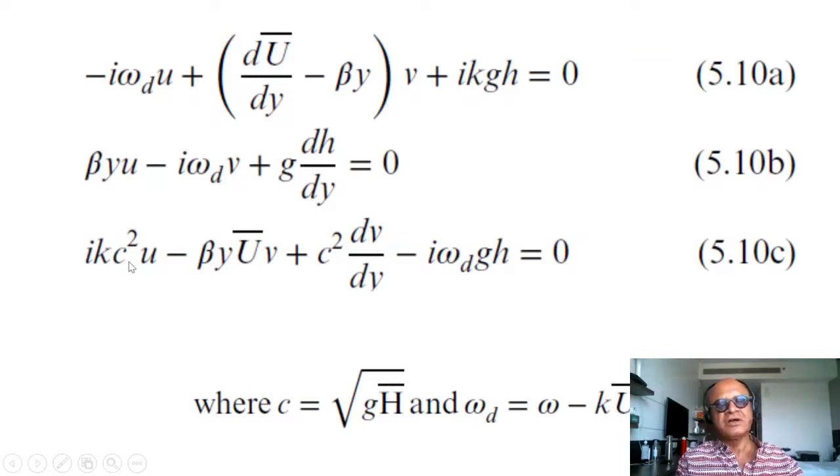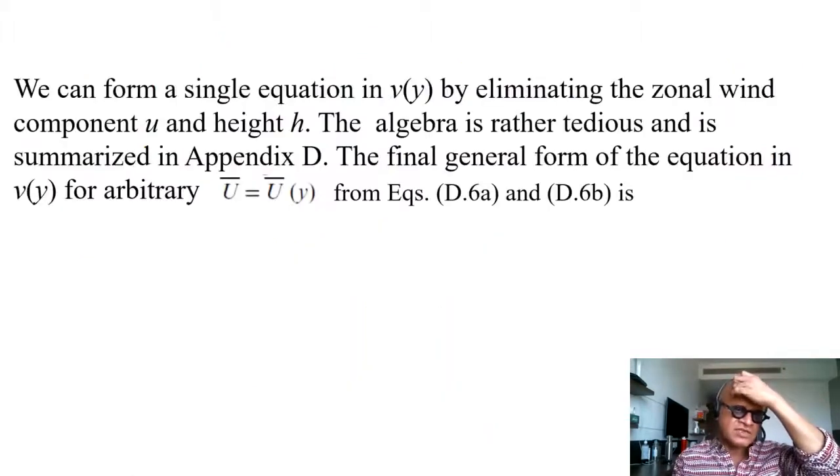This is the gravity wave speed squared, so square root of g h bar, squared. Again, this is the mean flow Coriolis being affected by the meridional perturbation and so on. So just get comfortable with these terms.